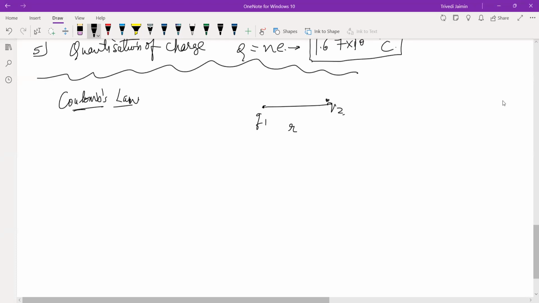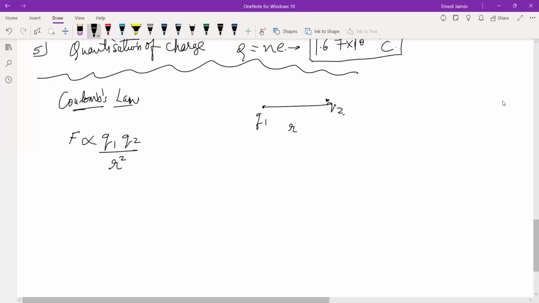The force between them, let it be attractive or repulsive, is directly proportional to the product of the two charges, and inversely proportional to the square of the distance between those two charges.